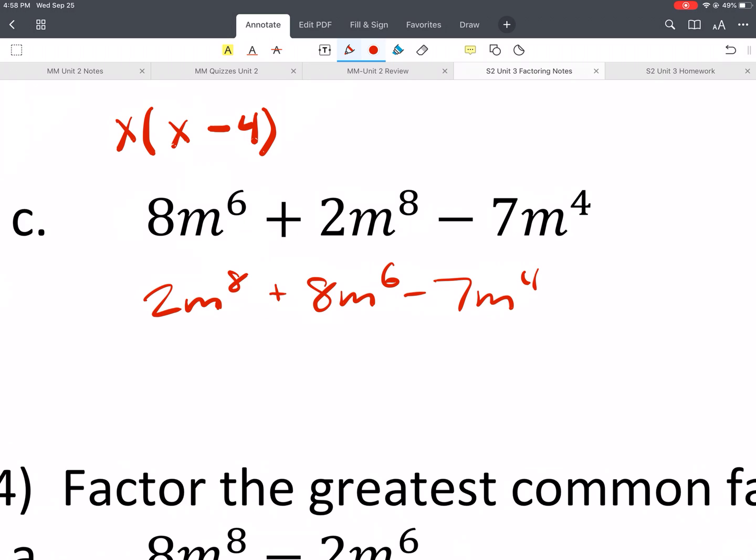There's nothing that we could divide 2, 8, and 7 by, except for 1, and factoring out a 1 wouldn't really do anything for us. So we'd put our parentheses, and ask what the greatest common factor is for the variables. Here we have 8 m's, here we have 6 m's, and here we have 4 m's. The most that we could take from all of those would just be 4 m's.